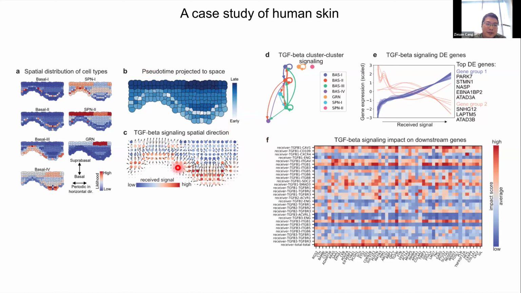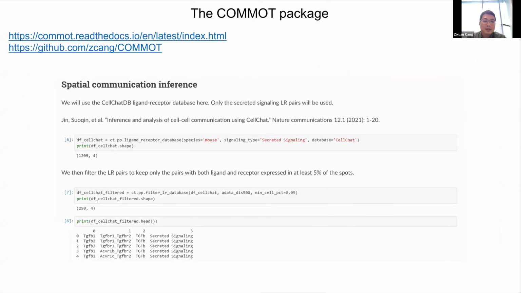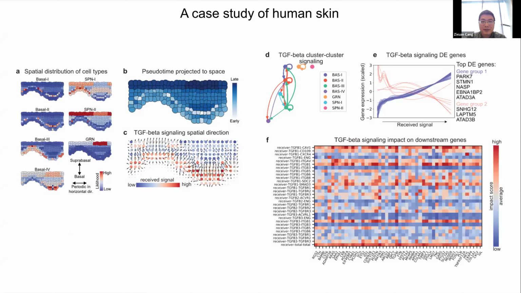Then we think this TGF-beta signaling is maybe highly related to the development of skin. Based on that, we can further use this machine learning approach to screen over genes that are likely directly related, either upstream or downstream, with respect to this TGF-beta signaling. We call these cell-cell communication DE genes. So that's mostly it for the method.